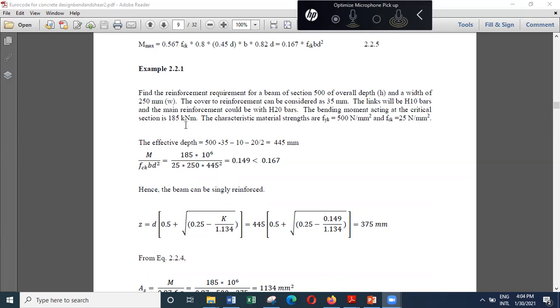So when the loads are light, we'll lightly reinforce it. When the loads are heavy, we can have more reinforcement, and we can even go for a doubly reinforced section. So with concrete sections, you can have a wide variation in the bending moment that can be carried by a given section.